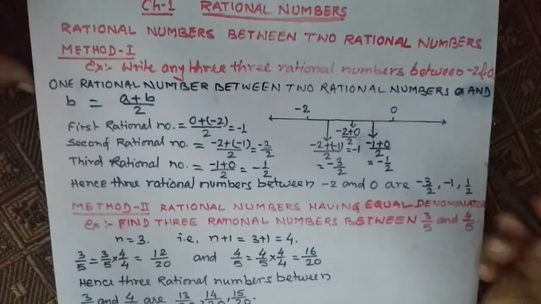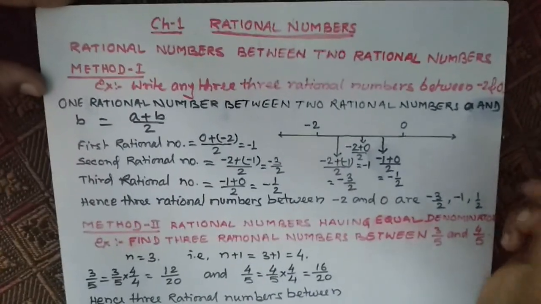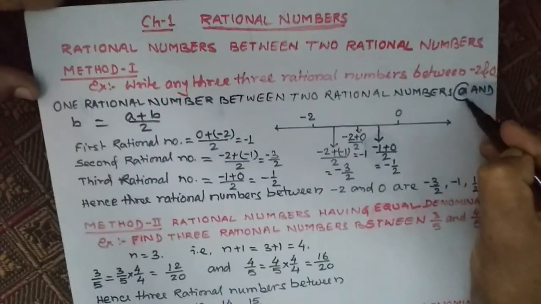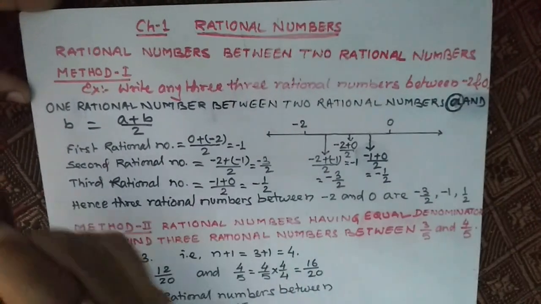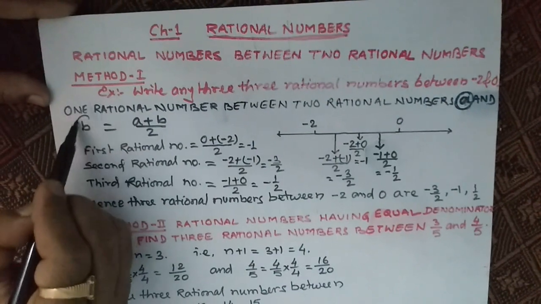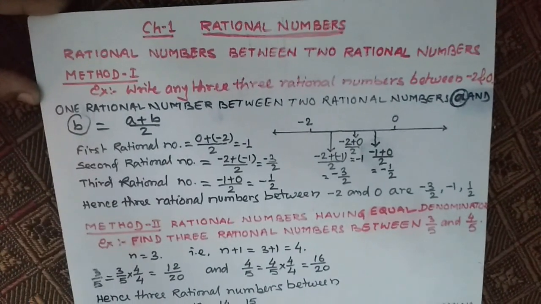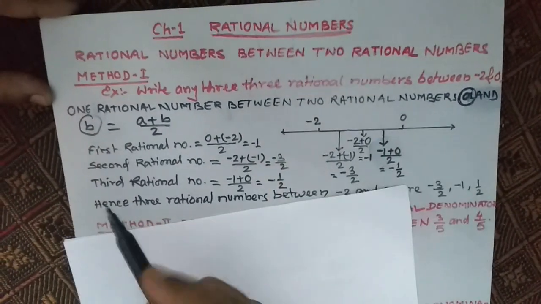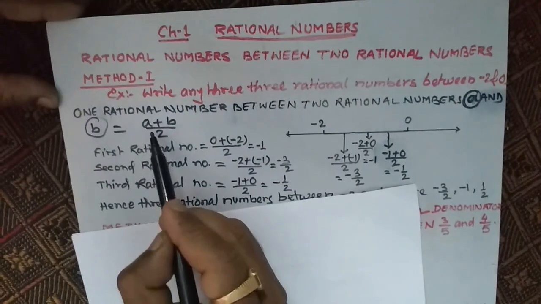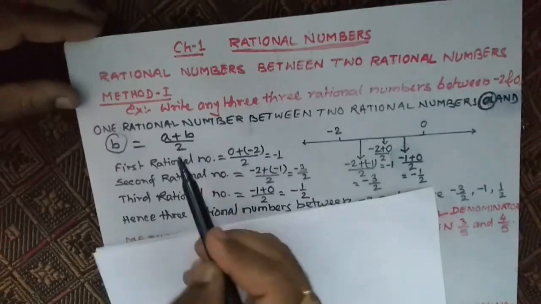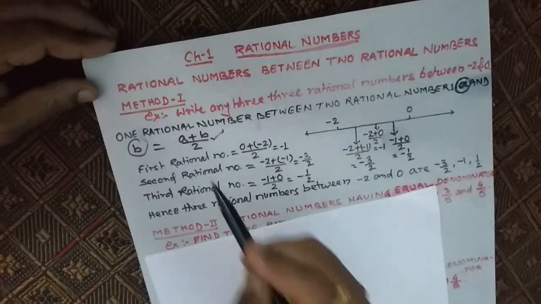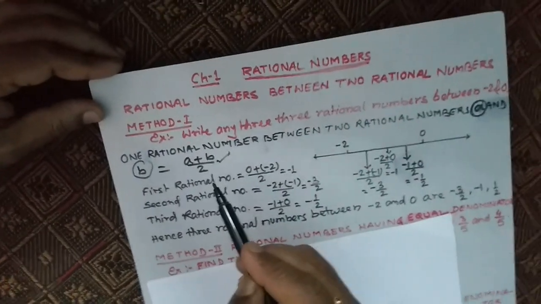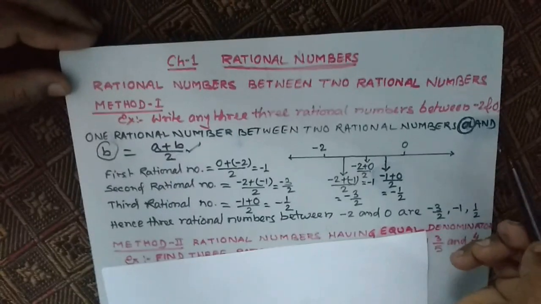That means if you have two rational numbers, first is A, and second is B, then in between these two rational numbers there is the rational number (A plus B) divided by 2. This lies just in between the two given rational numbers.